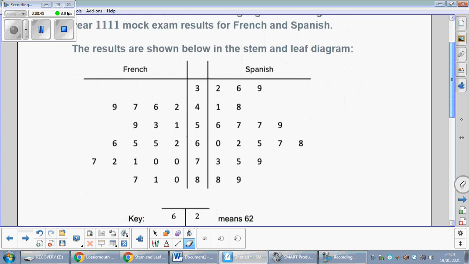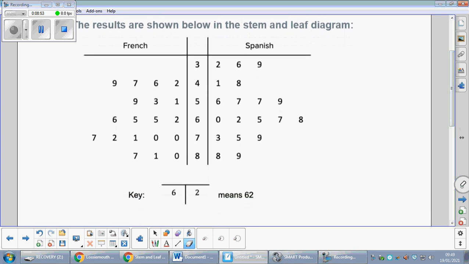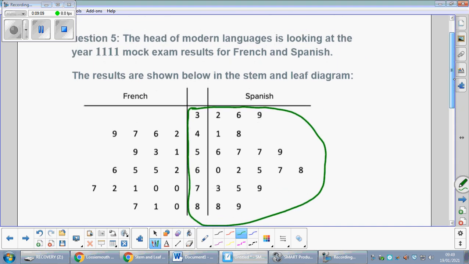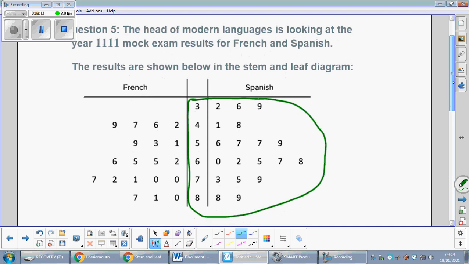Now, what is this? Here is what is called a back-to-back stem and leaf. In this case, this is a stem and leaf for the mock exam results.